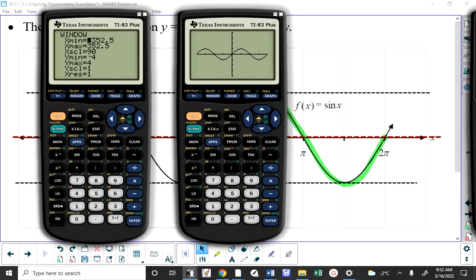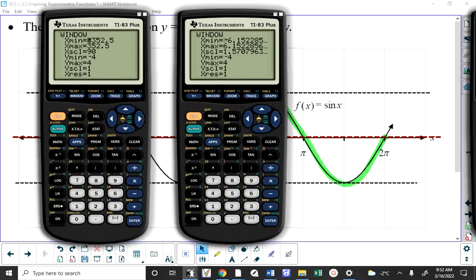I don't know why it doesn't go negative 360 to 360. Negative 352.5 for some reason. If I went zoom trig when my calculator was in radians, my calculator looks at that mode and says, oh, this person's in radians. It's going to set the window setting to basically negative 2 pi to 2 pi. Okay? So it doesn't really matter which mode you're in.